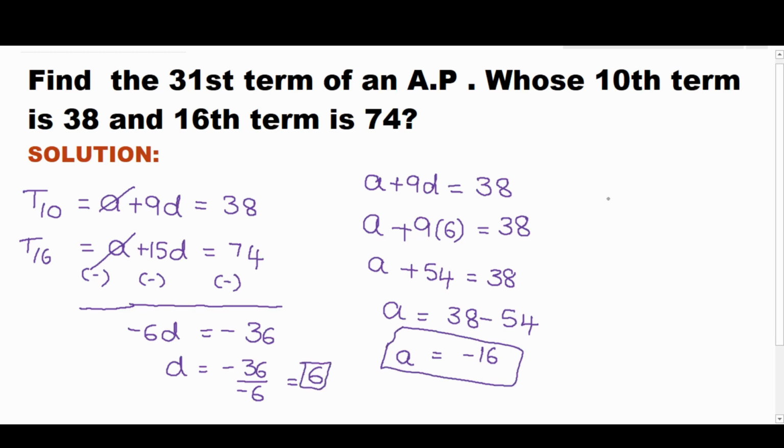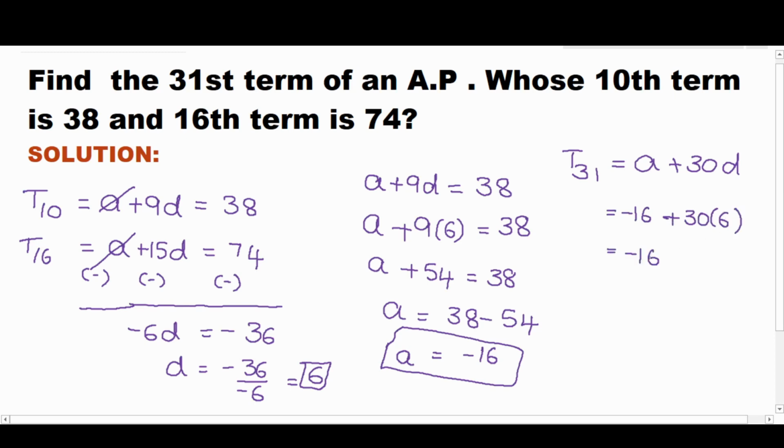Now we need to find the 31st term, that is T31. So T31 is nothing but, we already discussed, a plus 30d. a is minus 16 plus 30 into 6. So you have minus 16 plus, on multiplying this, I get 180.